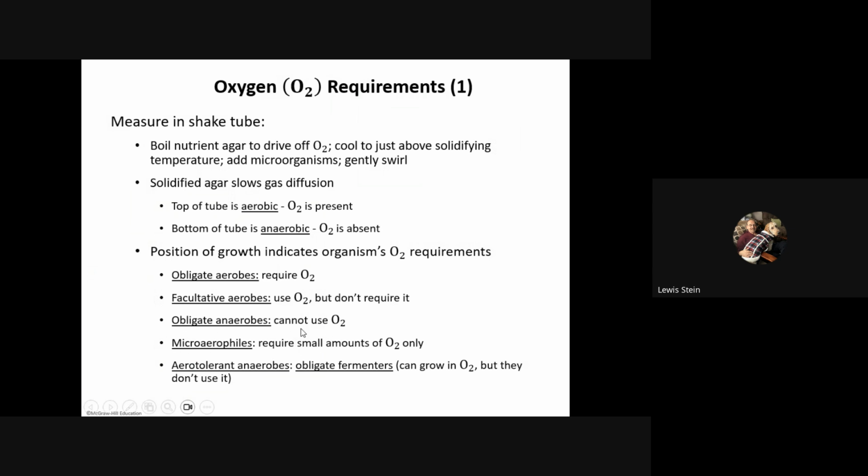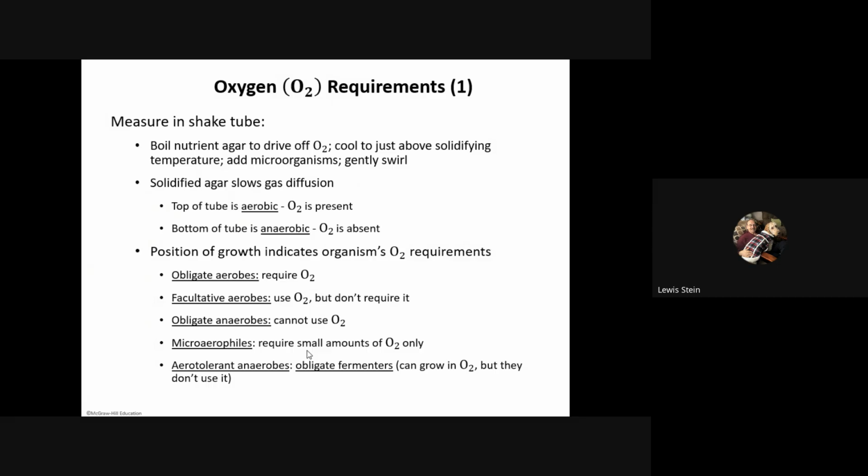Interestingly, microaerophiles, too much air. Again, the heart of this discussion is that certain things can't deal with toxic derivatives of oxygen. Oxygen produces free radicals in any environment with nearly any organism that has to use them at all.